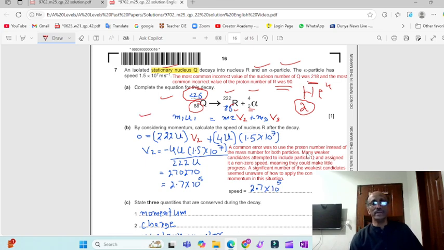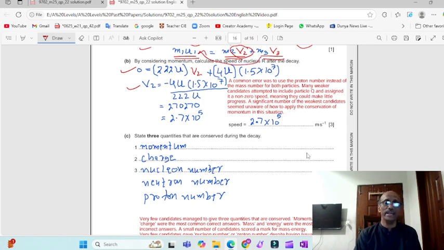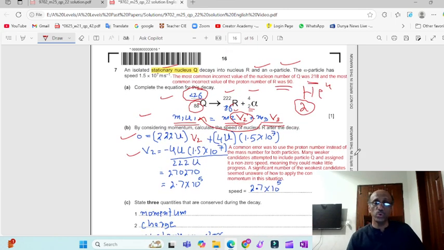Now by considering the momentum, calculate the speed of the nucleus R after the decay. Initially Q was at rest, so m1u1 equals m2v2 plus m3v3. We are required to calculate v2, so make v2 the subject. This will move over there, and then I will substitute the values. The mass of the alpha particle is 4u, the mass of R is 222u.